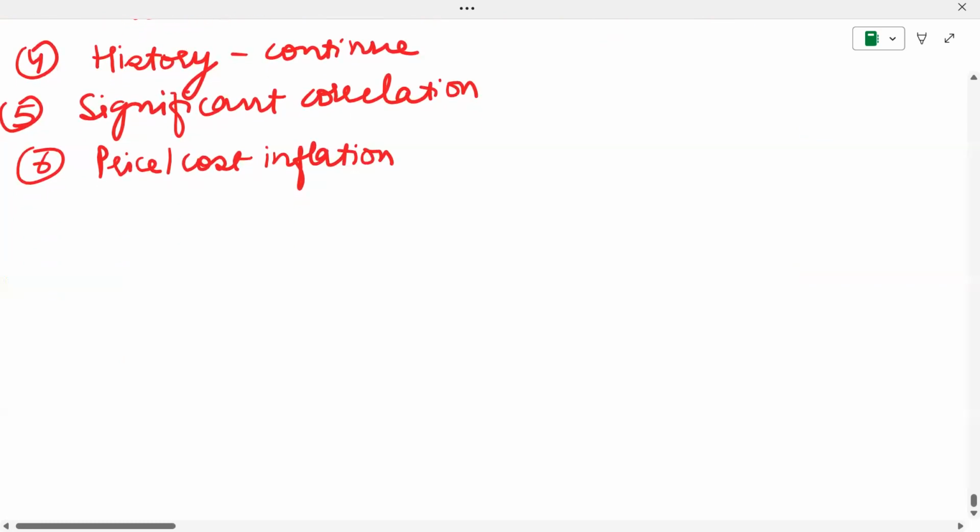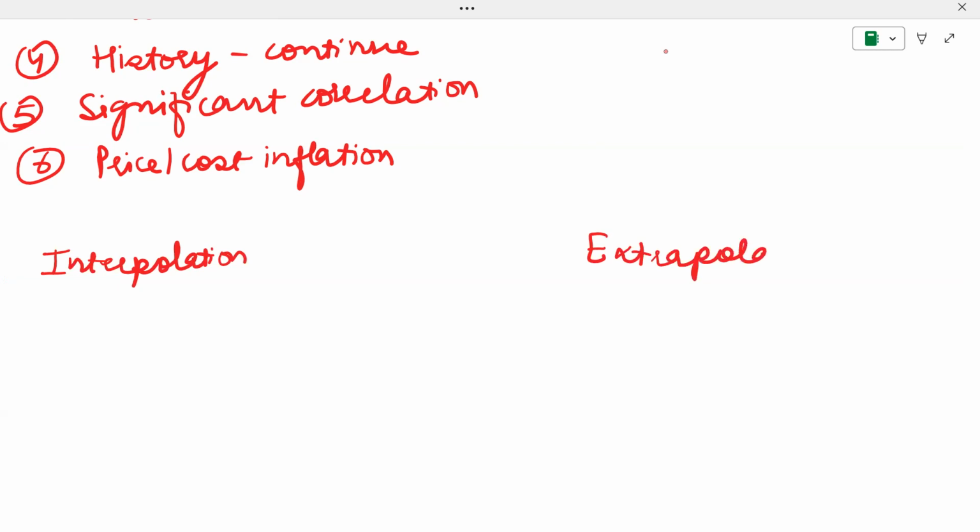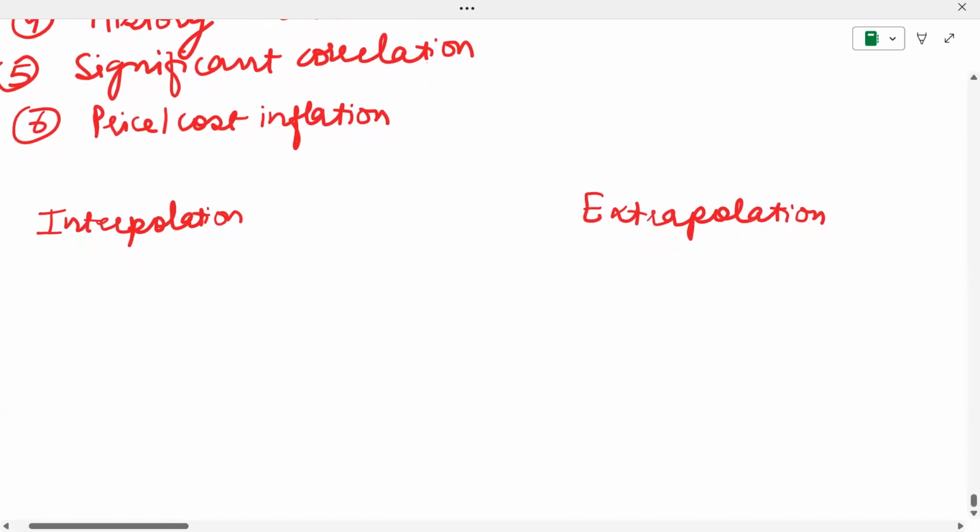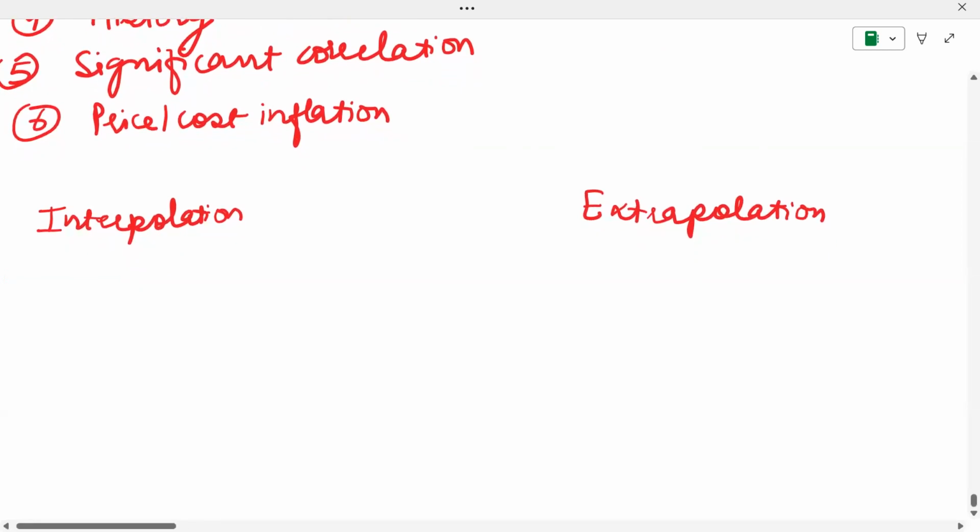Now there are two terms which you should get familiar with: interpolation and extrapolation. These are two terms which you will hear in PM. Interpolation basically means if the value of x, the value of your independent variable, is within the range of our original data.